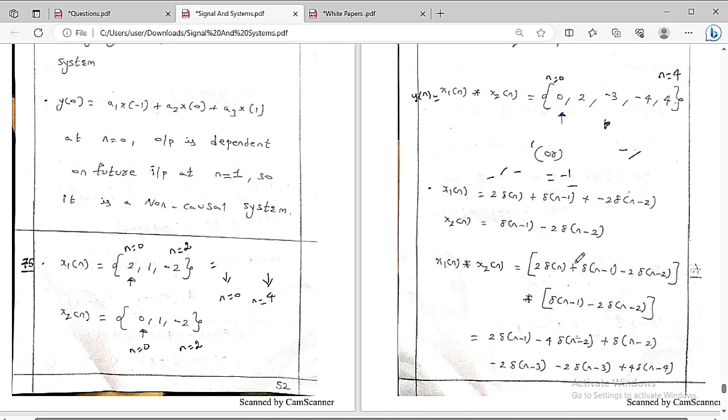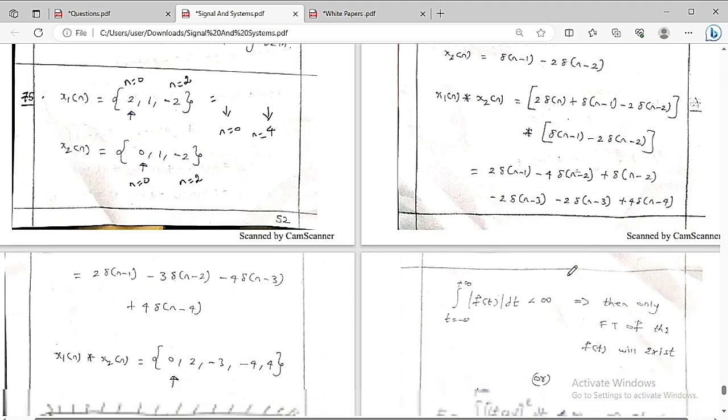Now do the convolution. Just take this sequence and this sequence and do the convolution, just like multiplication. So here you are going to get 2 delta of n minus 1 and then minus 4 delta of n minus 2. Then the next convolution gives delta of n minus 2 and then minus 2 delta of n minus 3, then minus 2 delta of n minus 3 plus 4 delta of n minus 4.